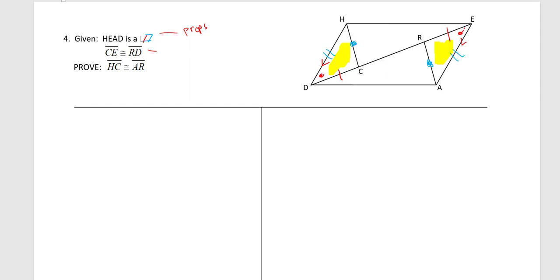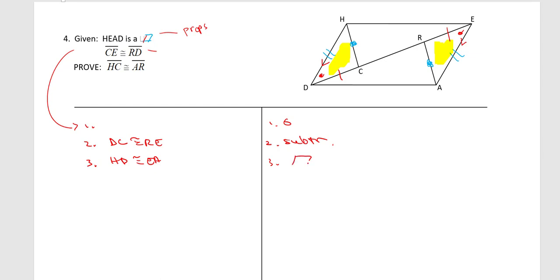So let's go ahead and try writing this proof out, and hopefully you'll follow along. So the first thing here is the givens. Write those out, please. I know that DC is congruent to RE by subtraction. I also know that HD was congruent to EA. And here's where we have to use the properties.